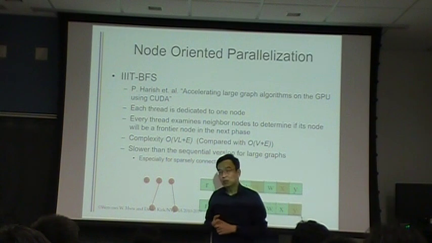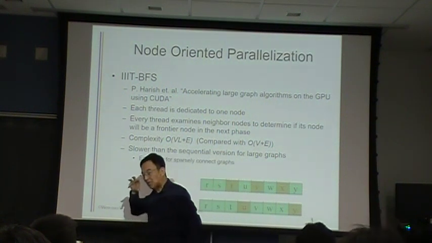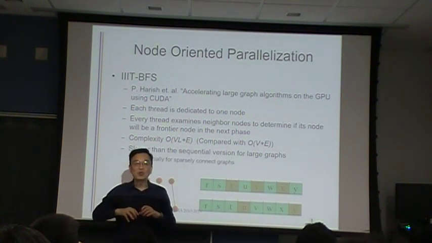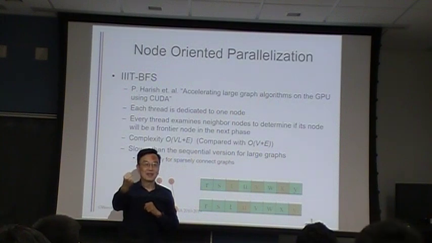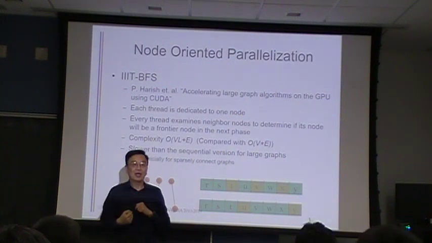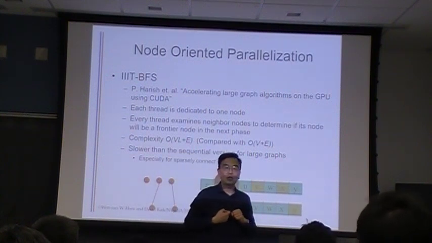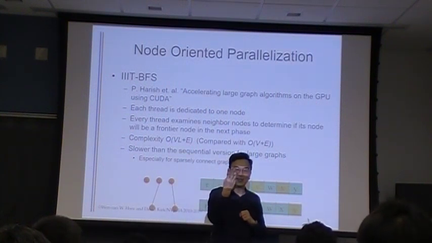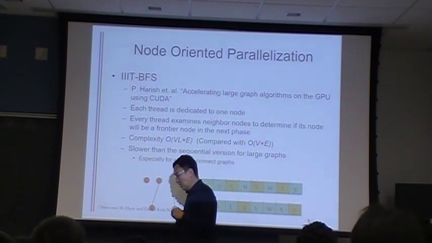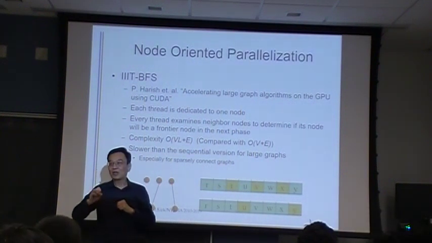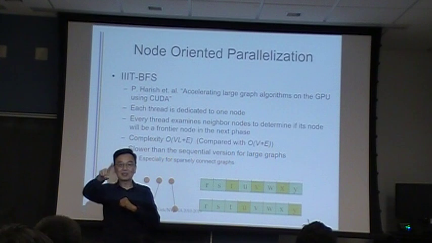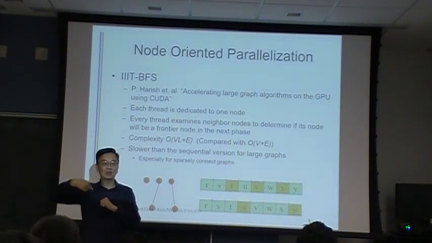Let's say I'm responsible for node K, and I know that I'm currently at iteration 3. Then I wake up and look at all the neighboring nodes that can come into me.